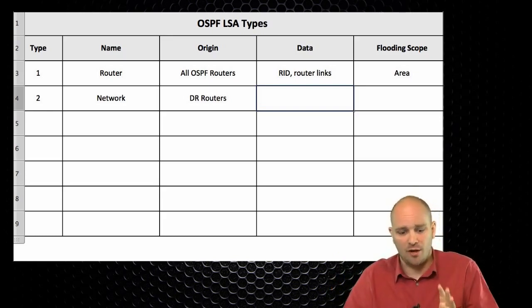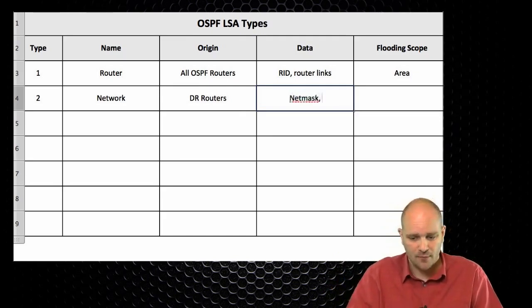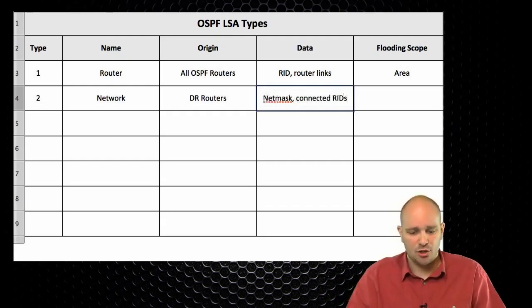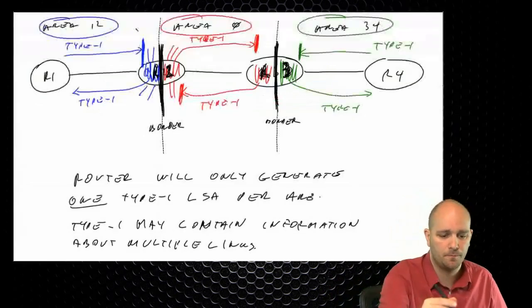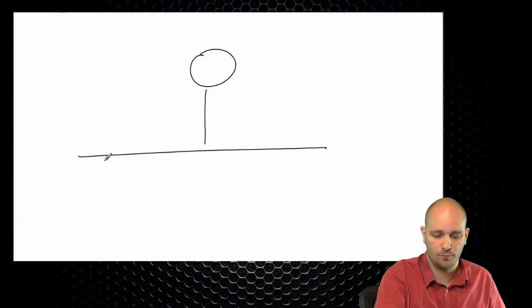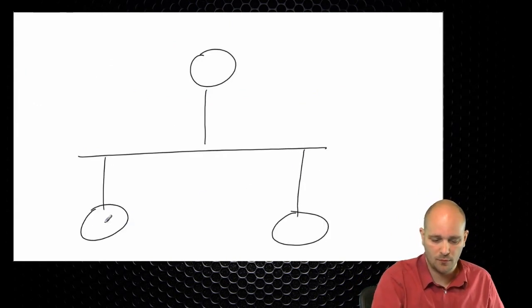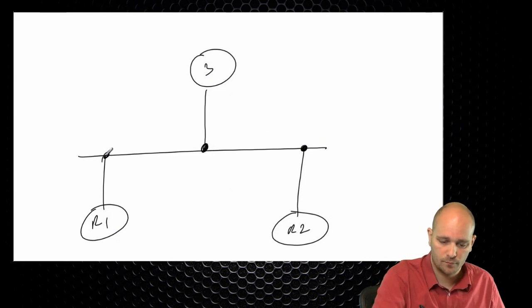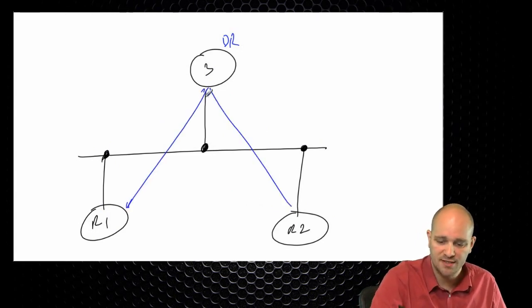So DR routers on the segments are actually going to inject their information about the net mask and connected router IDs. So if we had a network that looks like this, R1, R2, R3, and let's say that this is our designated router, so here is where we have our adjacencies.